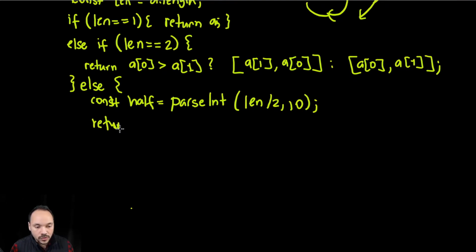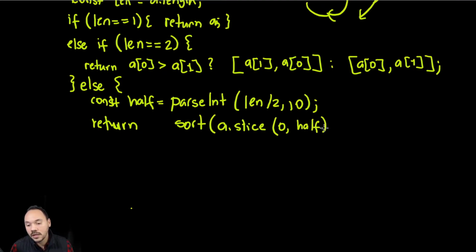We're going to return. We're going to divide the array recursively. We're going to do sort, then we have the array A. We are going to slice it from the first element to half, without including the half part.